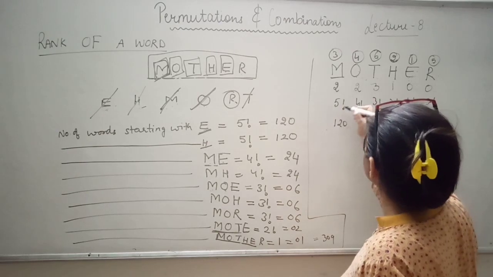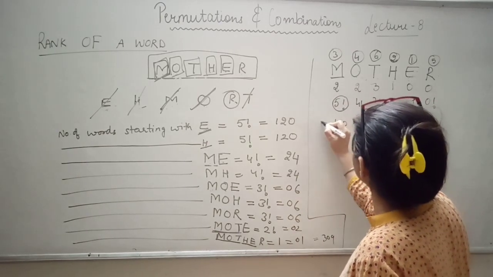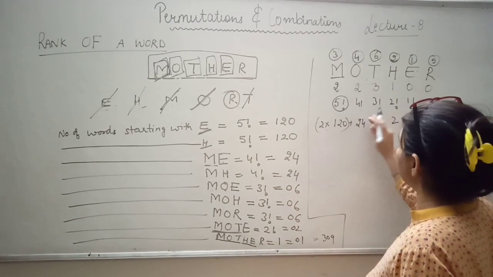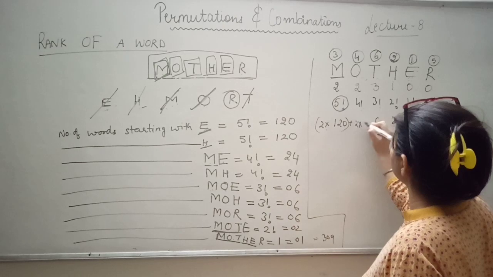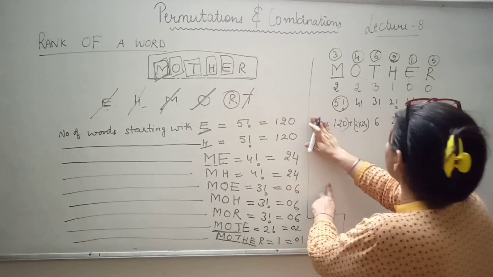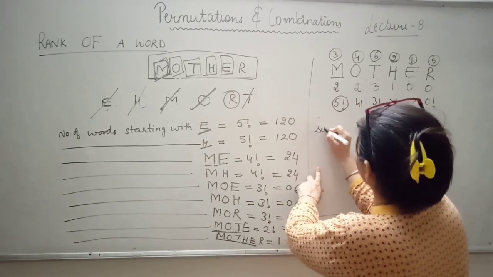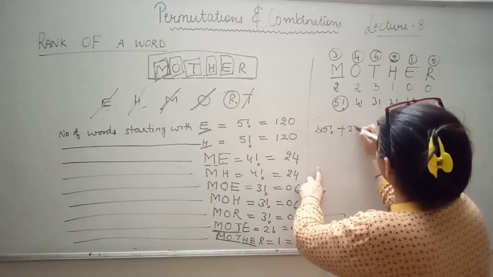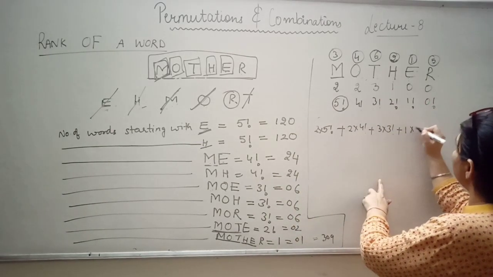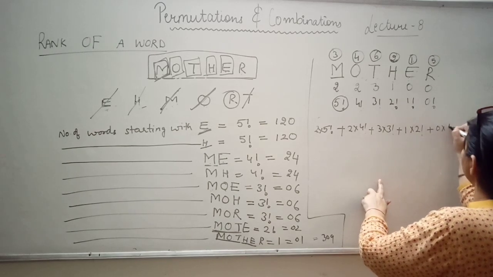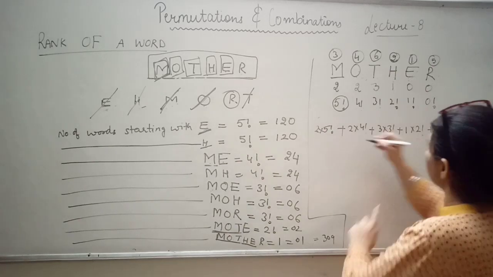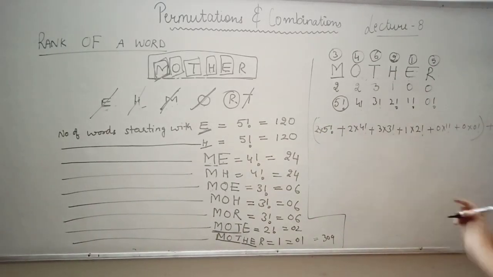Now you will multiply this, means 5 factorial multiplied by this 2, then plus 4 factorial, 24, multiplied by 2. Or you can show it like this: 2 into 5 factorial plus 2 into 4 factorial plus 3 into 3 factorial plus 1 into 2 factorial plus 0 into 1 factorial plus 0 into 0 factorial, plus 1 also has to be added. That is the rank of this word mother.